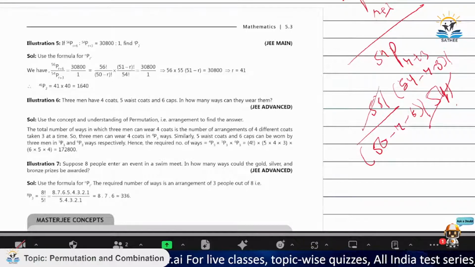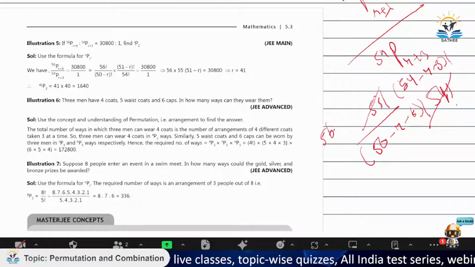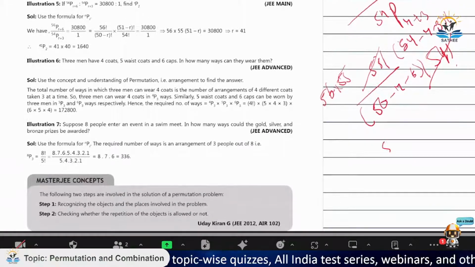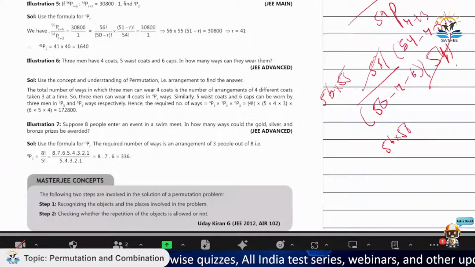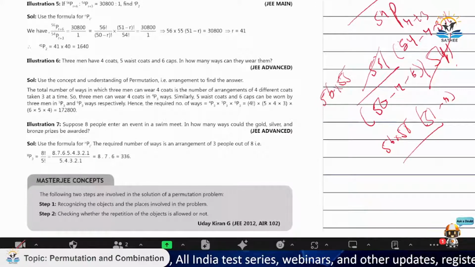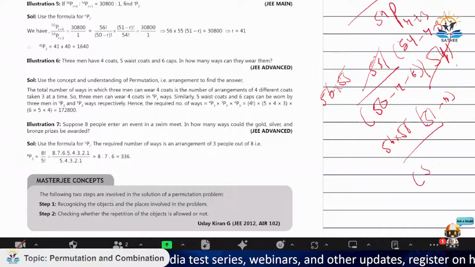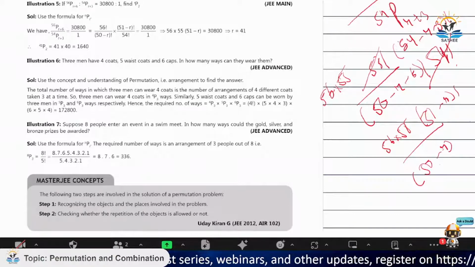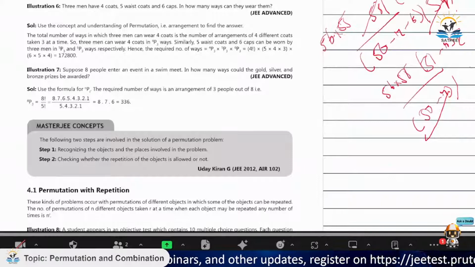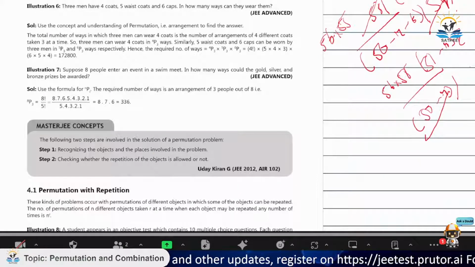So we'll cancel this out and we're left with 56 into 55. And for this part, we have 51 minus r and 50 minus r factorial, right? So this factorial will cancel this factorial, or sorry, I made a mistake here.